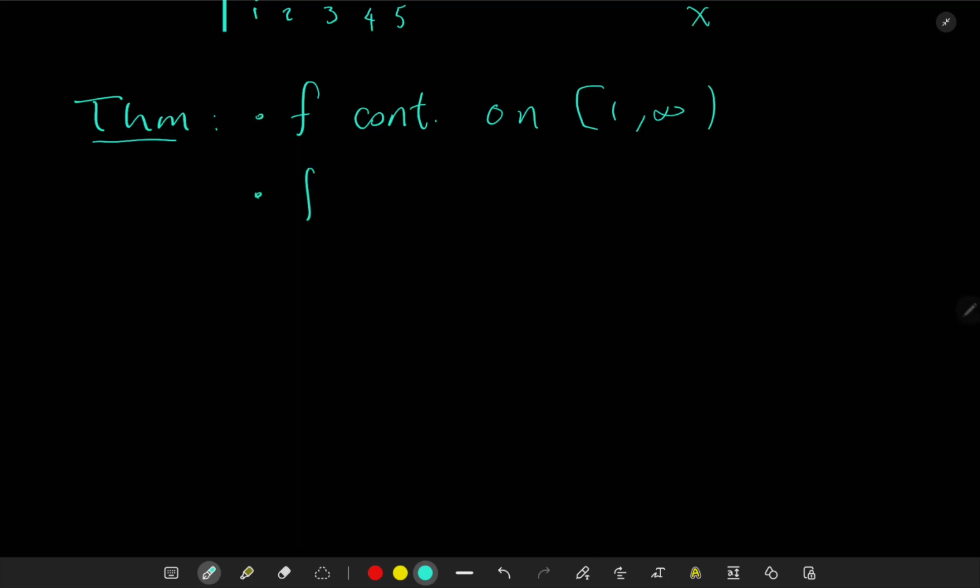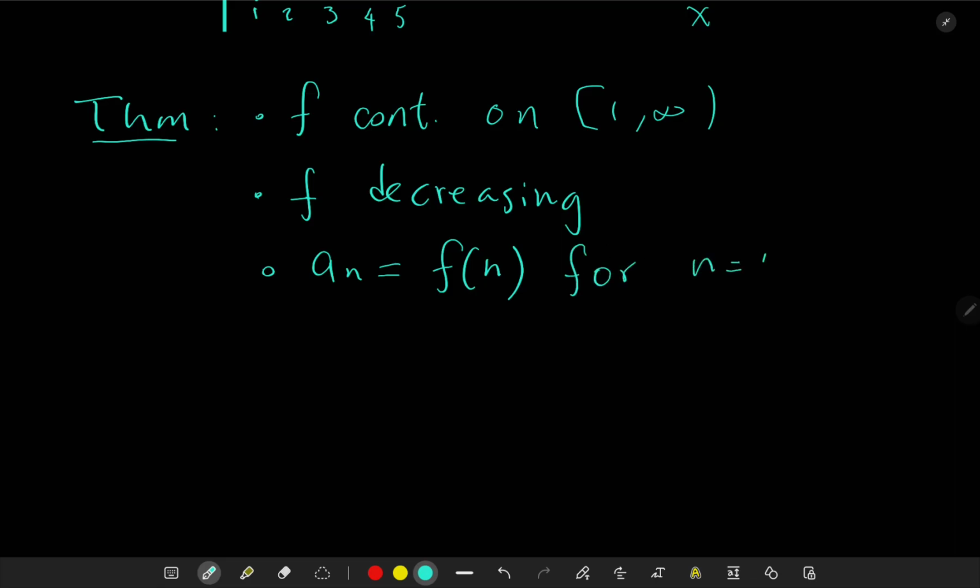So these are the conditions I need. And who cares about f if it's not going to help us determine what the a_n's are, right? That's the whole point. So f of n equals a_n for all n equals 1, 2, 3, and so forth, for all n's in the naturals.